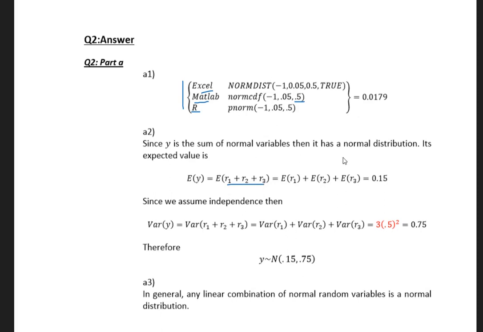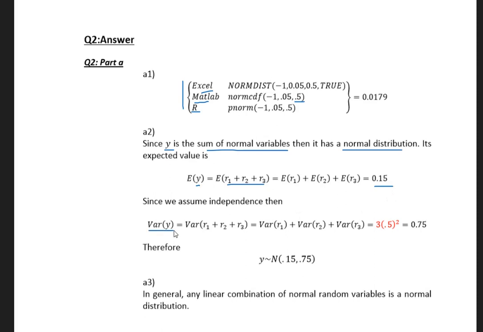The important point to note is that since Y is the sum of normal variables, it has a normal distribution. All that is left to do is to find the parameters of this distribution. We use the standard result from probability for the expected value of a sum, or any linear combination, and we find that the expected value of Y is, for example, here 15%.